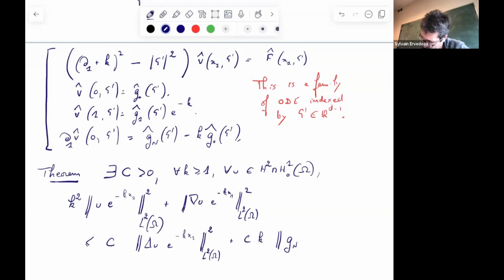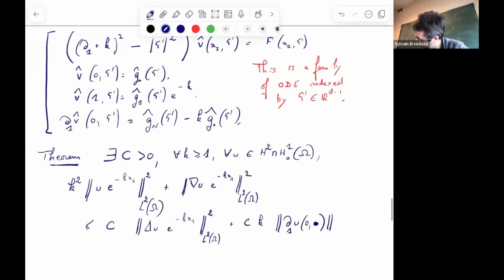So gn is the normal trace, right? So it's d1 u0. And here we can put L2 of R^(d minus 1).